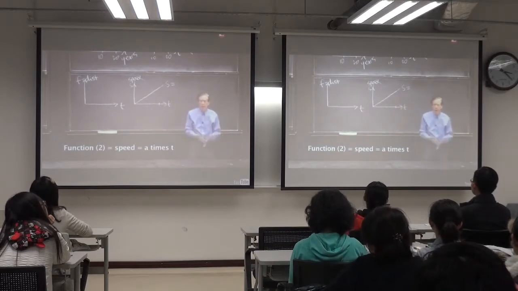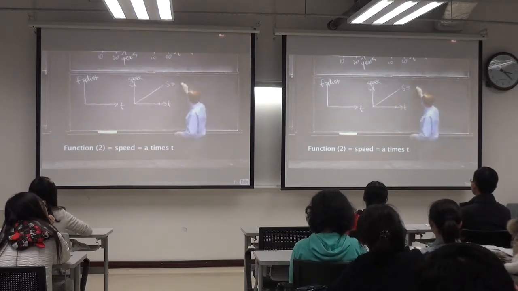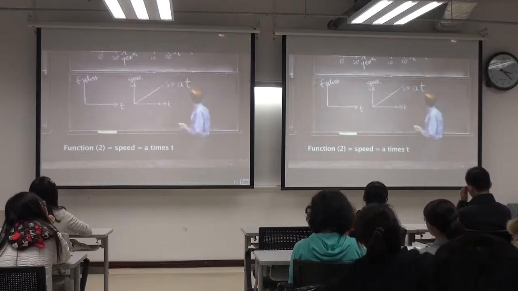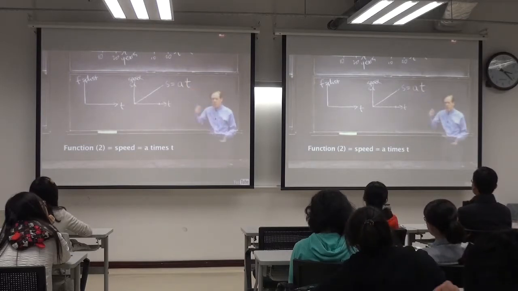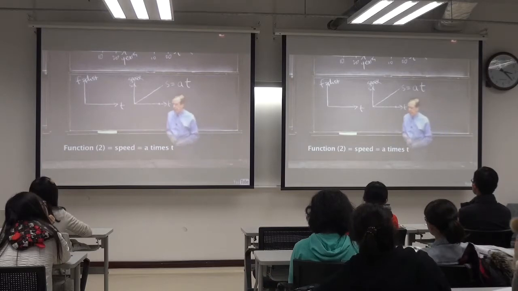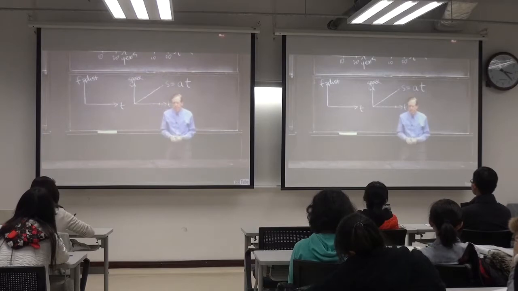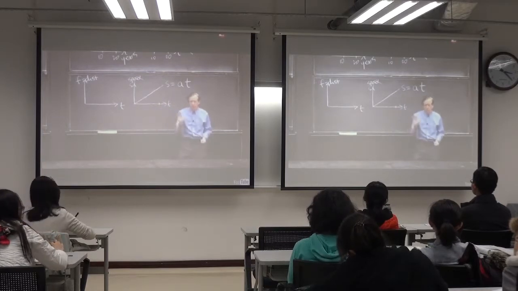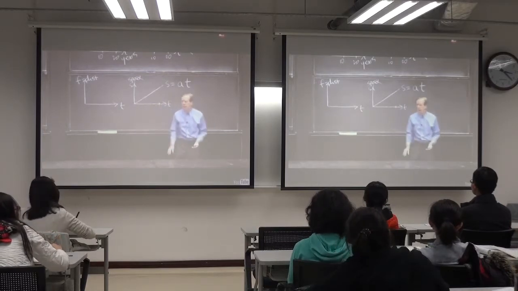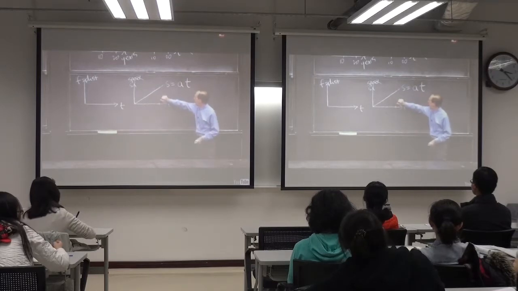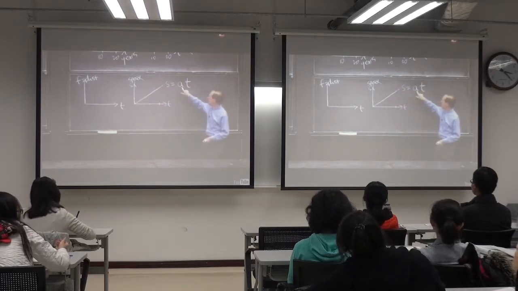That's where you get a straight line. S is, let's say, A times t. That A, the physicist, if we were physicists, would say acceleration. You're accelerating. You're keeping your foot on the gas, steadily speeding up, and so S is proportional to t.